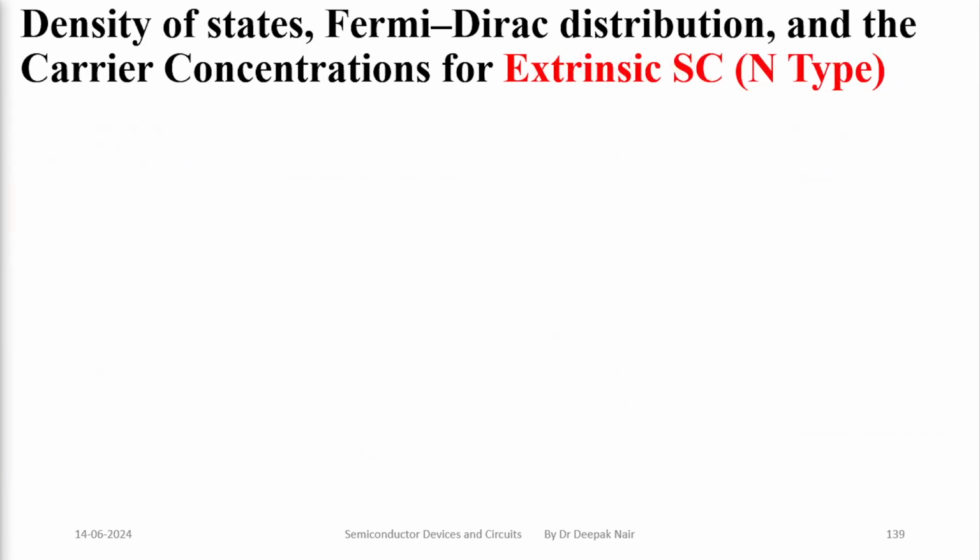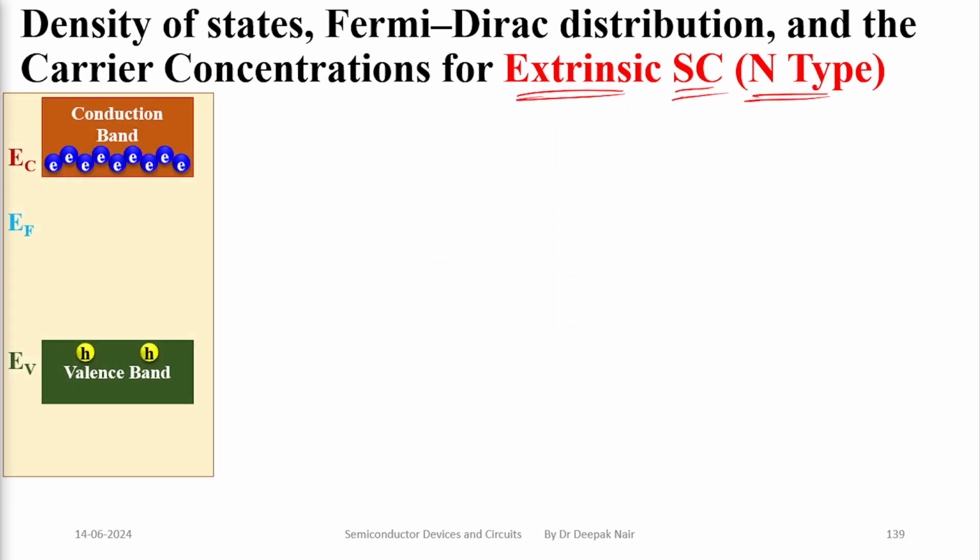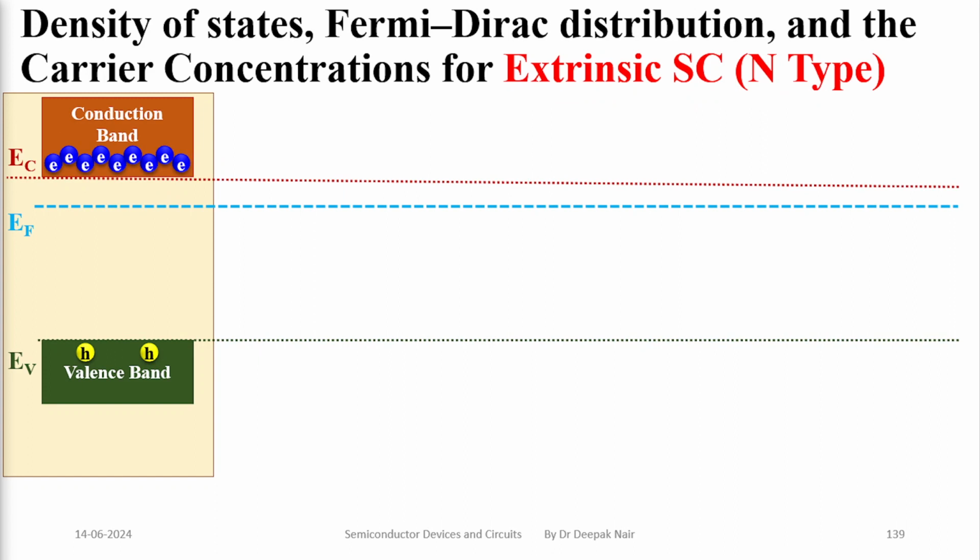Now let us take an example of an extrinsic semiconductor, the n-type semiconductor. We know that in an n-type semiconductor, we will have more electrons and fewer holes. Now if we correlate the Fermi energy, in the case of an n-type semiconductor the Fermi energy is shifted close to the EC, as we have seen from the previous slides.